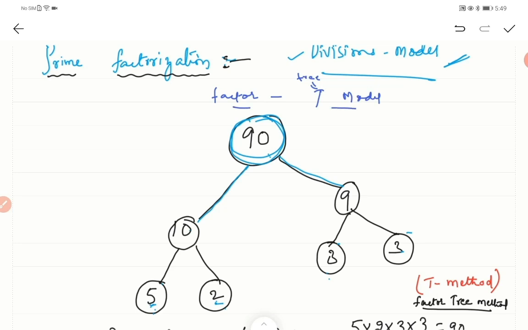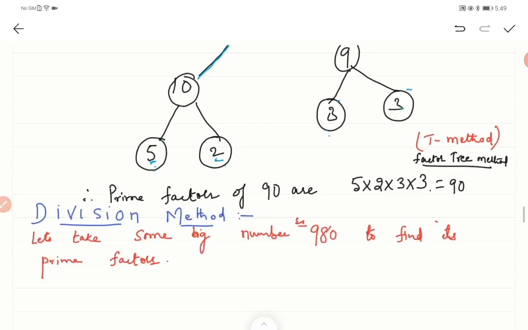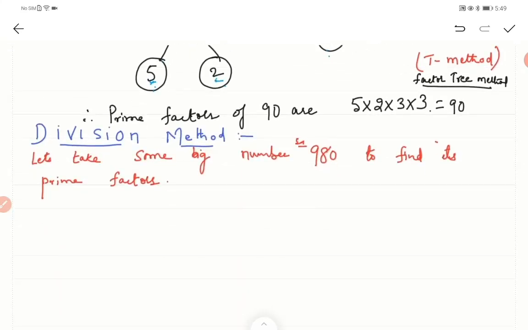You can do this T model for small numbers. If it is a big number, it becomes difficult for us to go for this T model. So the other method is the division method.